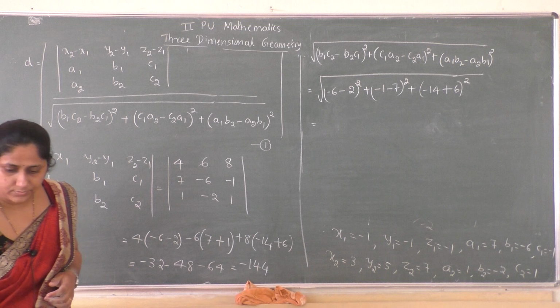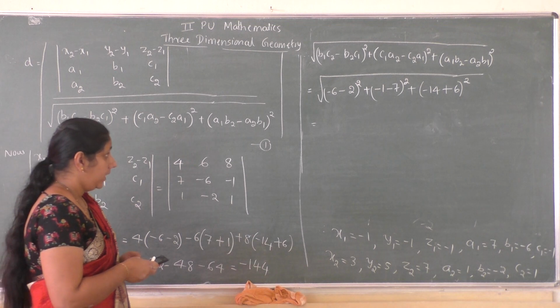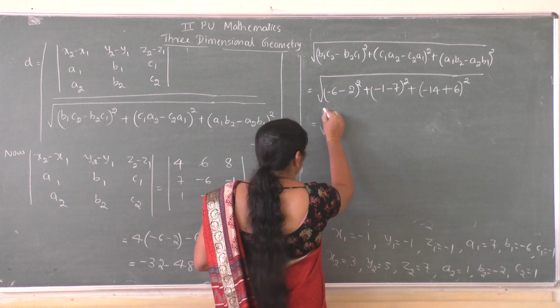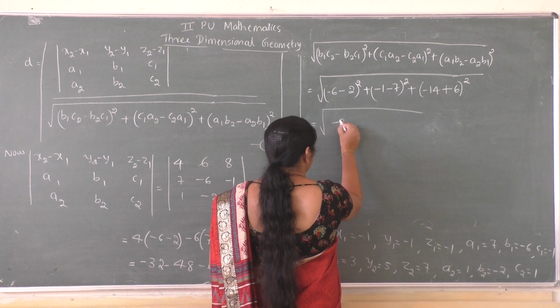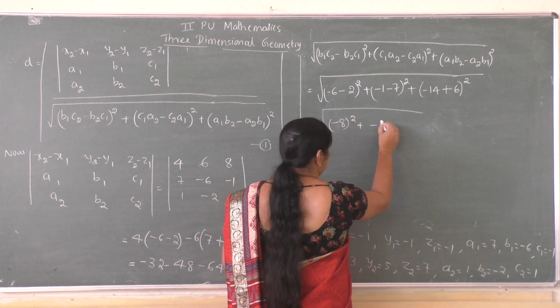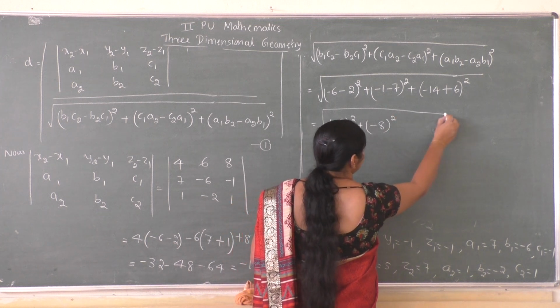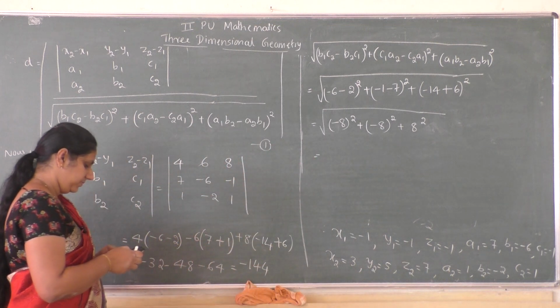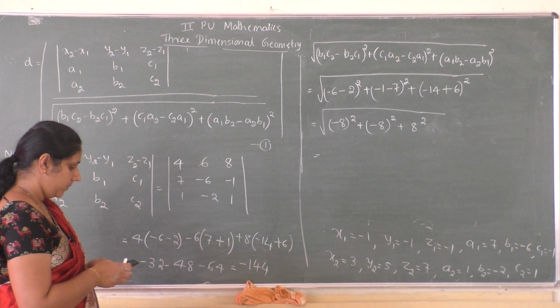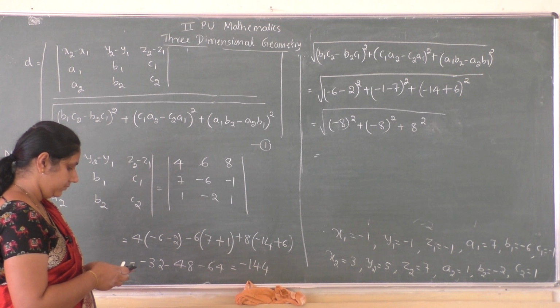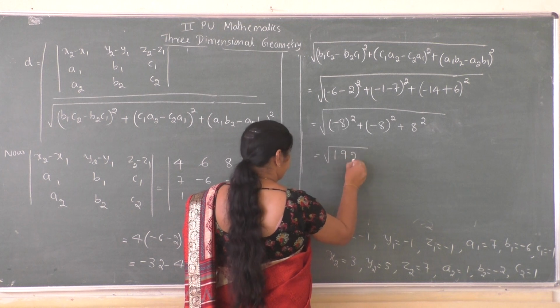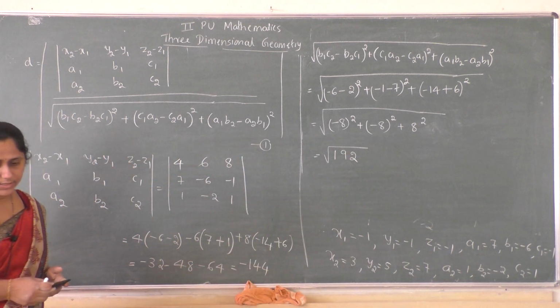So how much? Minus 6 plus 2, minus 4... the terms give minus 8 square plus minus 8 square plus 8 square, that is 64 plus 64 plus 64, the root of 192 we will get.